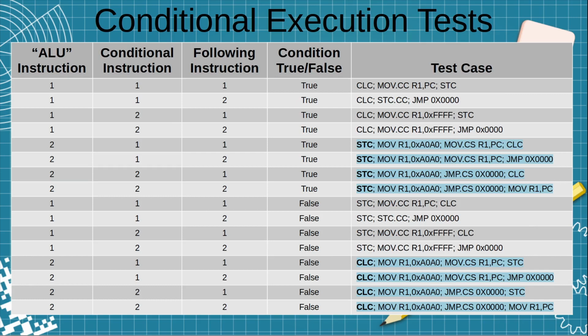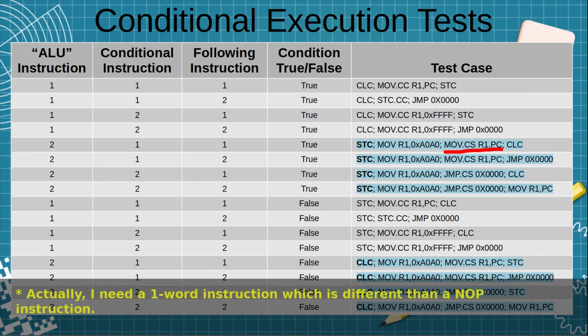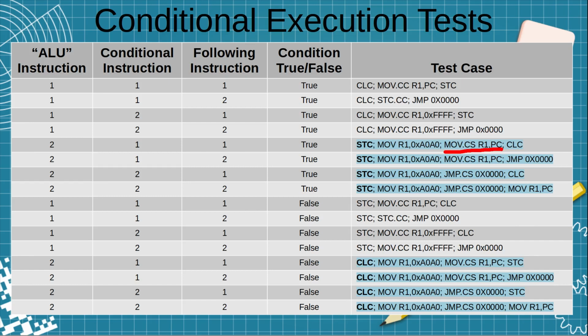Clear carry and set carry are going to persist. But there's also this move of the program counter into R1, which is what I have available to me at the time. It's not going to persist. I just need some type of 2-byte instruction that is different than a jump instruction so that I can determine if things are working properly or not.